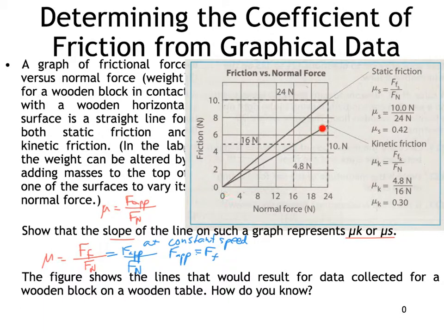And for the lower line right here, the rise is going to be 4.8 and the run is 16. So 4.8 over 16 gives 0.30. And in both cases, the mu s and the mu k match up with the reference table values for wood on wood. So you know that it's definitely a wooden block on a wooden table.